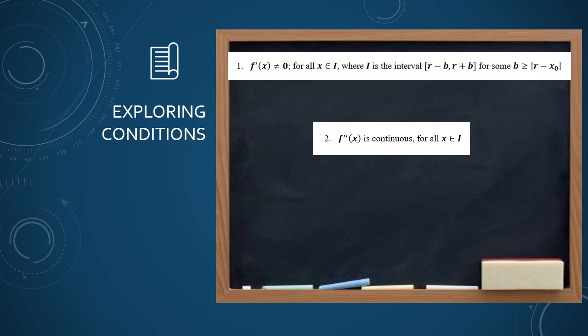So I did want to explore a few conditions, and there are several more, but these are just to get a taste of what some of the conditions are. And in general, for the Newton-Raphson method, a lot of times you'll come up with problems.